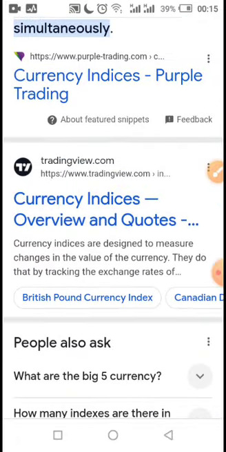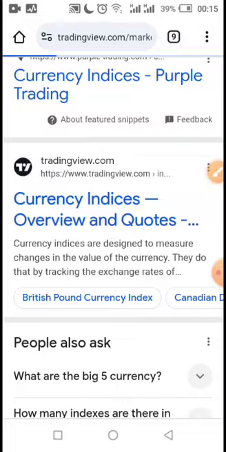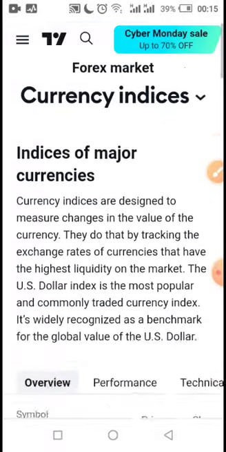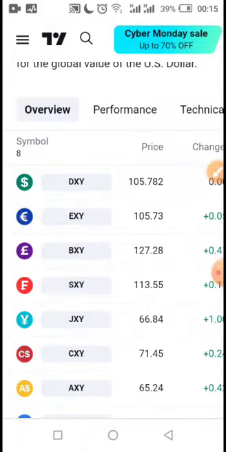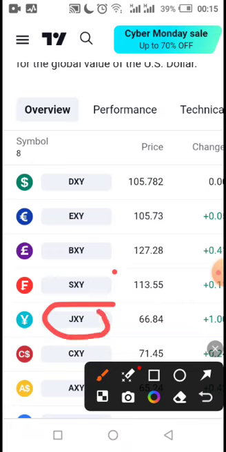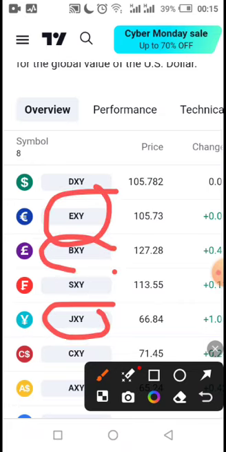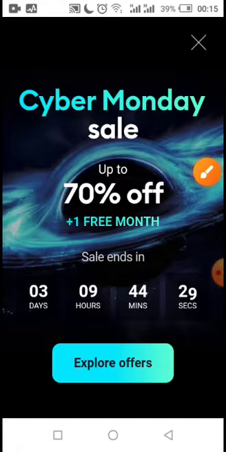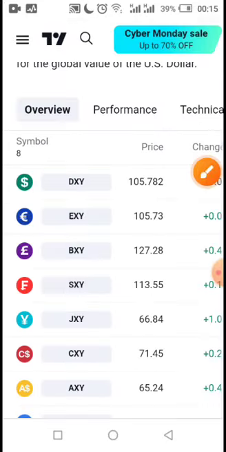Yeah, so on TradingView, you could be able to see them there, especially if you download the application. So that is even the one from Japan, the one from Europe, the one from Britain. I think this one is maybe from Switzerland.